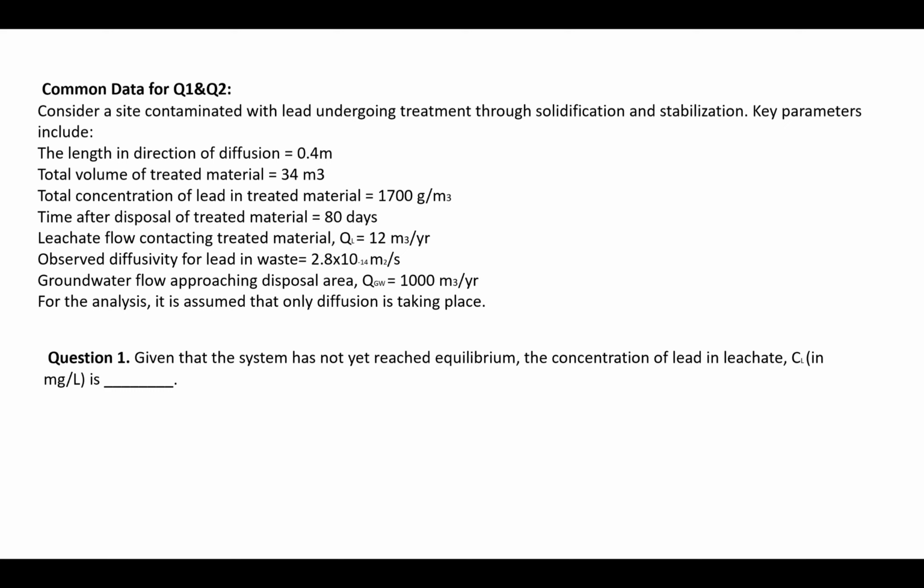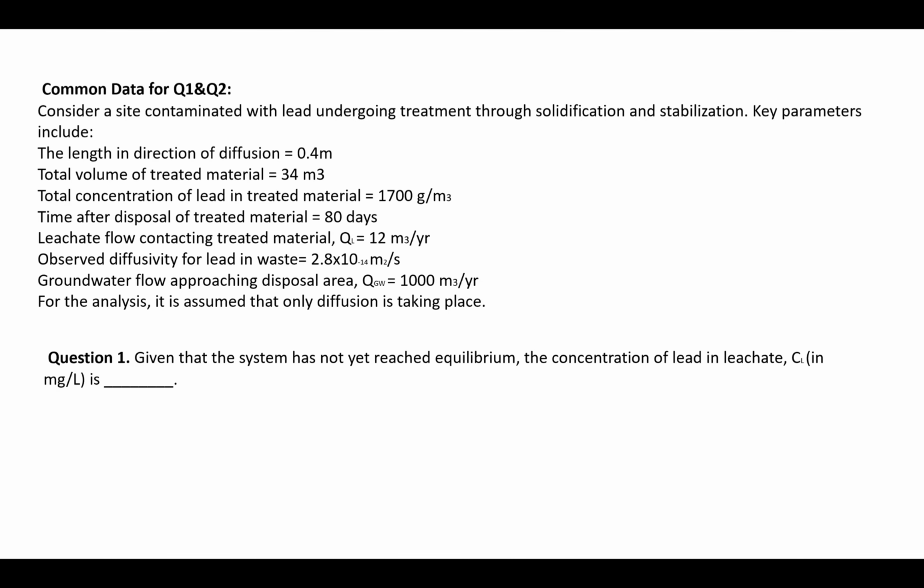Okay, let's see how to solve this question. First write down whatever is given. First let us write the formula to find the concentration of lead in leachate when equilibrium has not been reached.